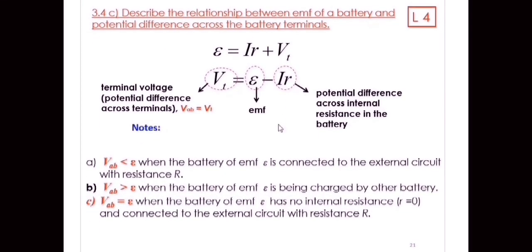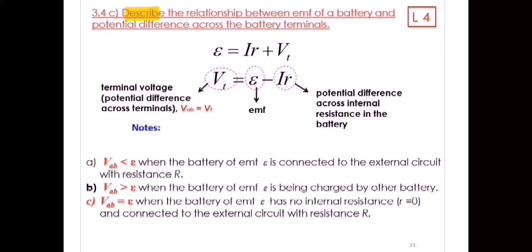The next learning outcome is to describe the relationship between the EMF of the battery and the potential difference across the battery. We have EMF equals IR plus terminal voltage, and we can rearrange it with terminal voltage as the subject.